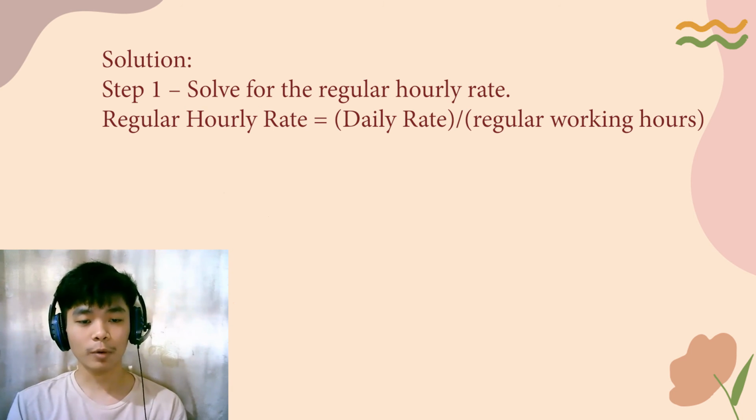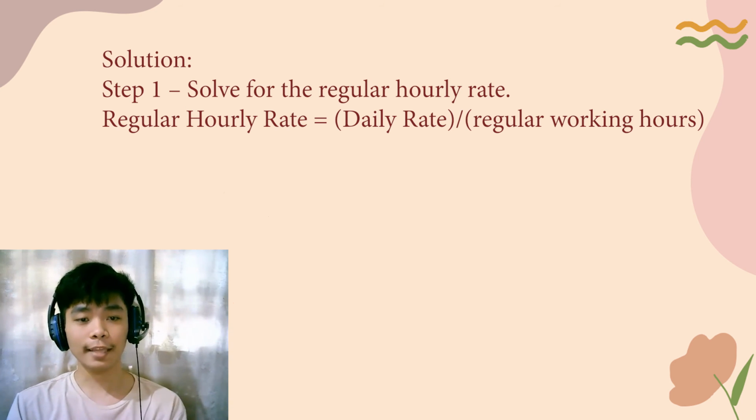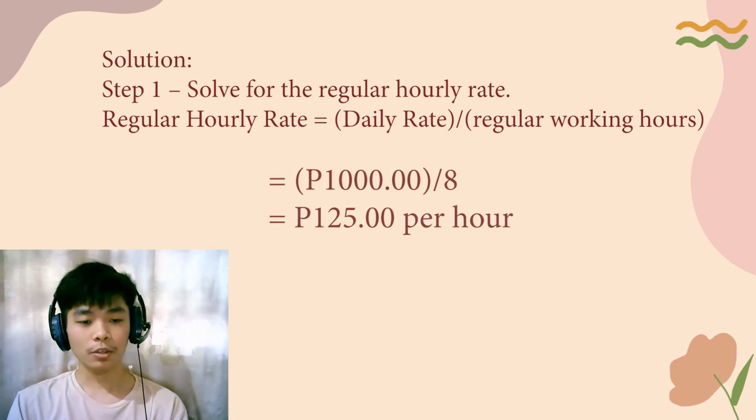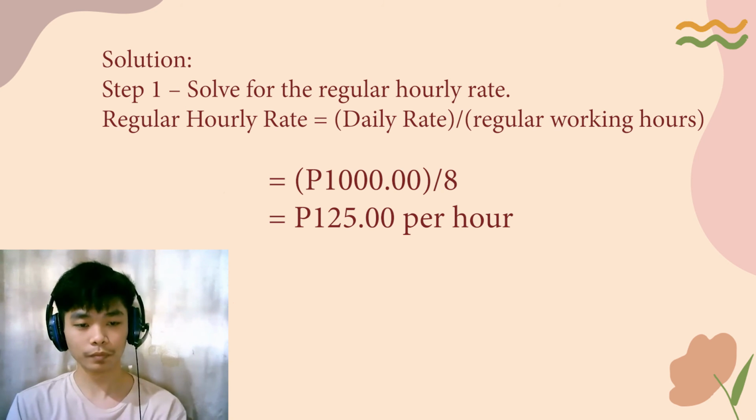If you are wondering why we use 8 hours and not 12 hours, which is in the given, remember that the working hours of an employee is 8 hours. So you just divide 1,000 pesos by 8 hours, and you get 125 pesos per hour for your regular hourly rate.